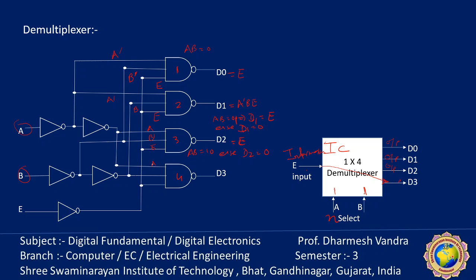And here it is A and B and E. So we can say that when AB equals 1 1, then D3 equals E, else 0. So in this way the circuit is working. Whatever the input or information is passed to the corresponding output line, which is selected by the selection line.